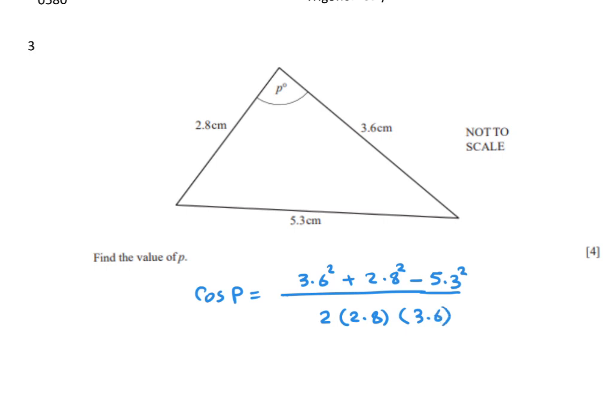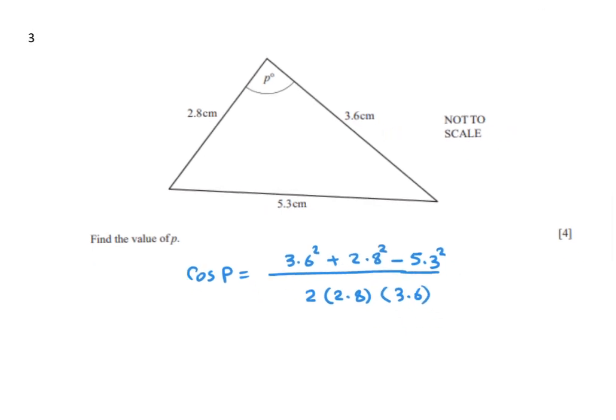Good job. Now you find cosine. After you find cosine, you can find the angle. So what is the answer for this fraction? Negative 0.362. Okay.